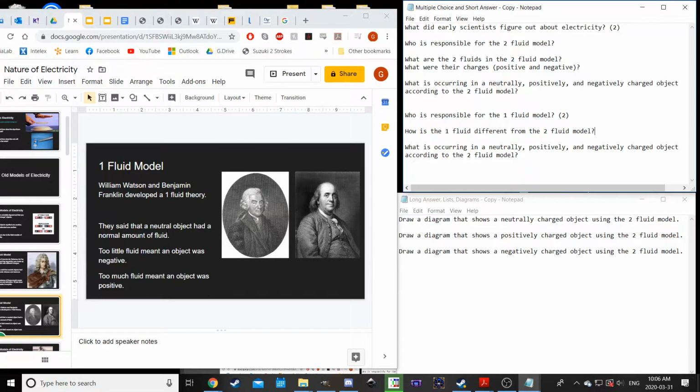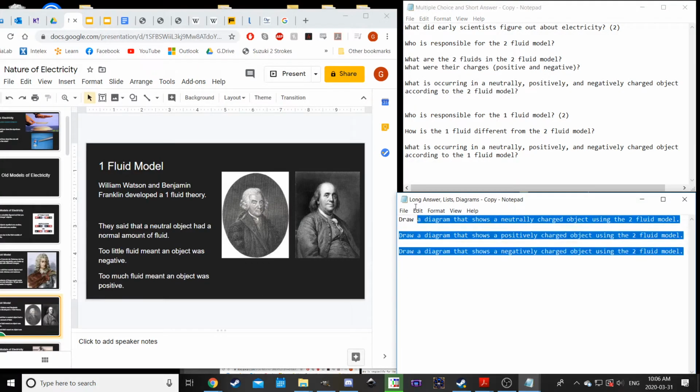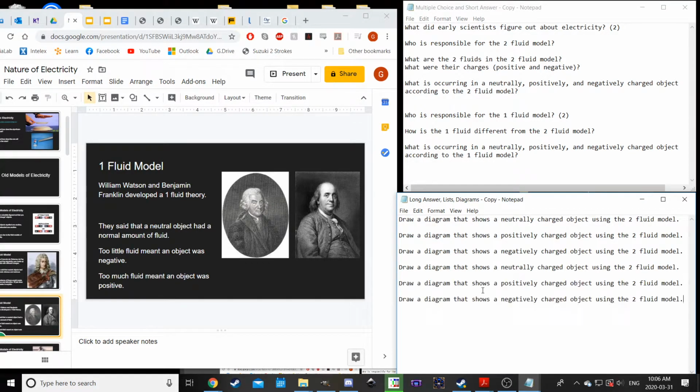Because that's kind of what happened time-wise. If you watch the video, we talk about how these guys came along and said, this is our model, it's different, and we think this is right. And this is a very useful question, even for the one fluid model. And then we can kind of duplicate these as well.